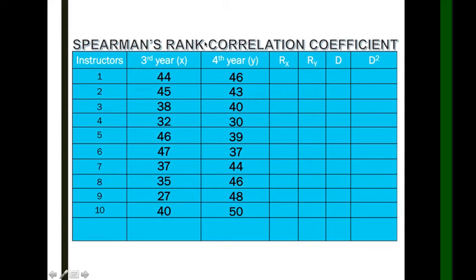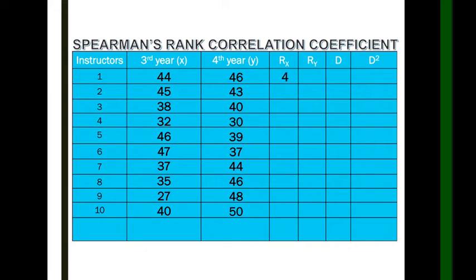Now, in our table, we have R sub X, R sub Y, D, and D squared. R sub X and R sub Y are the ranks, or the position of the scores from highest to lowest. The first is the highest, and the lowest will be the last rank.